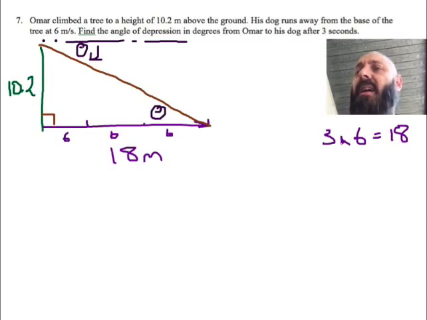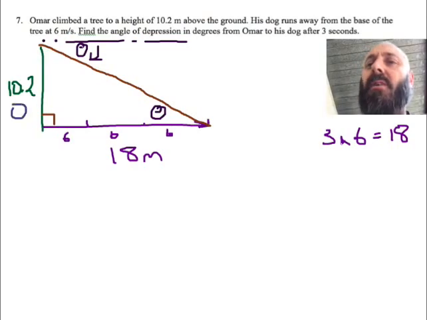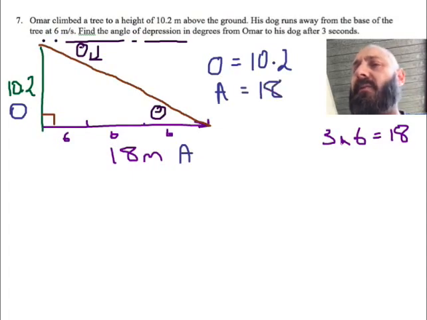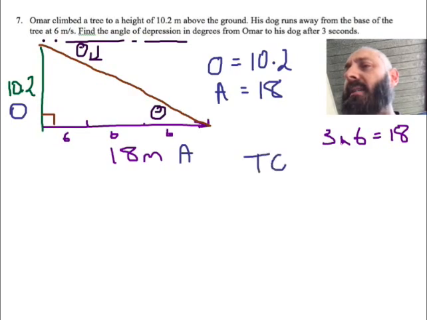So using that theta, I have an opposite side and an adjacent side. So opposite is 10.2, adjacent is 18 meters, of course. So I'm going to guess tan. It's opposite over adjacent.